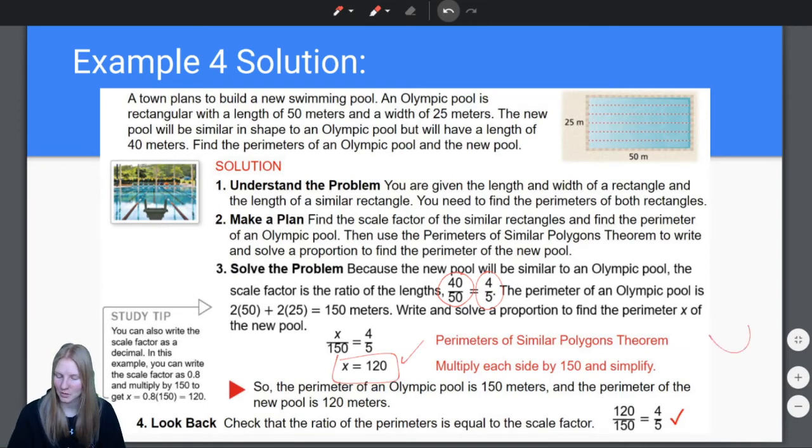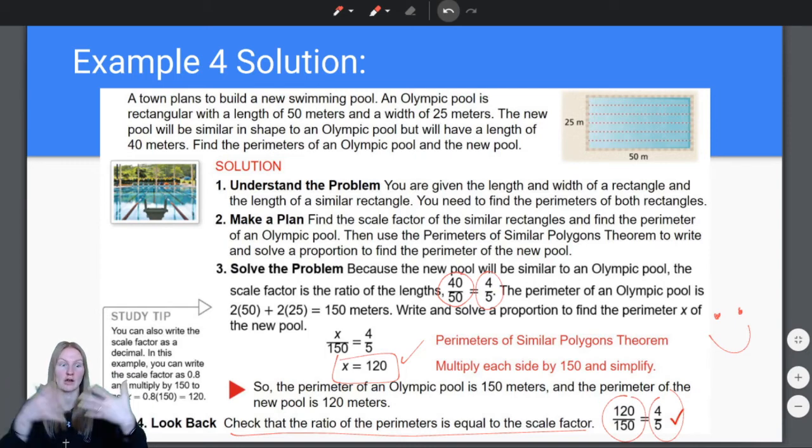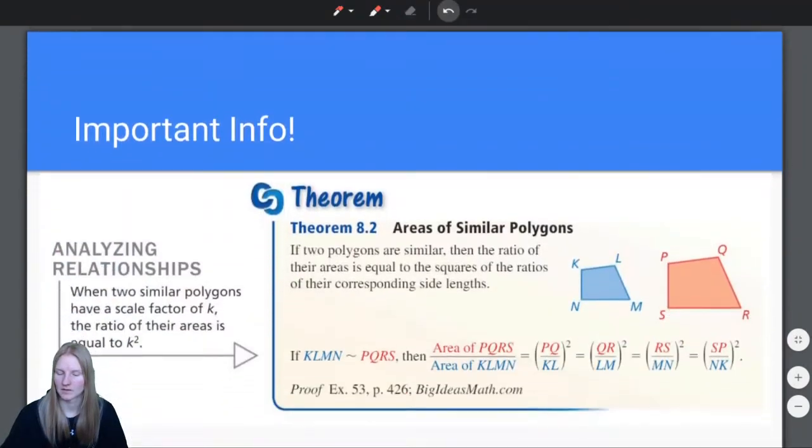And they even checked that 120 over 150 was actually equal to 4 over 5, so they could see that they were correct. You can also do that anytime you want to check your answer. Set up another proportion and make sure that they are actually proportional.